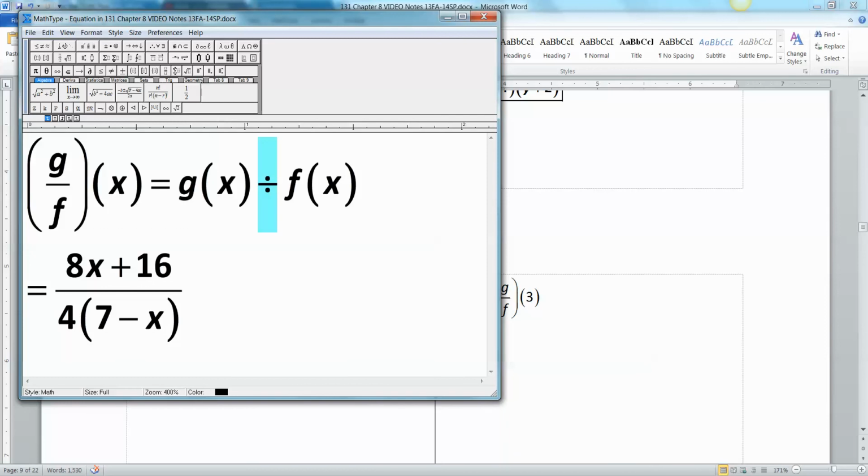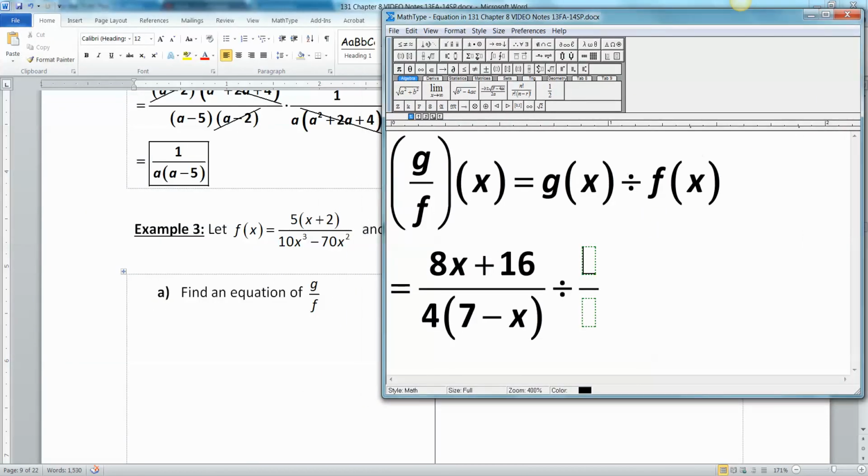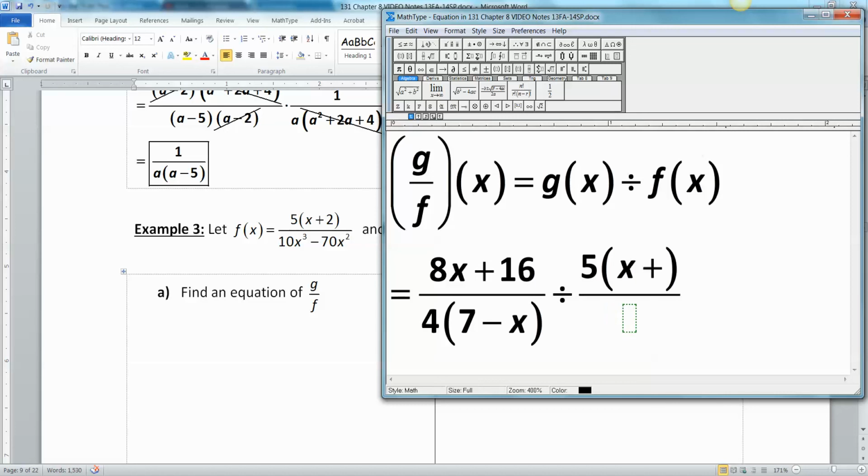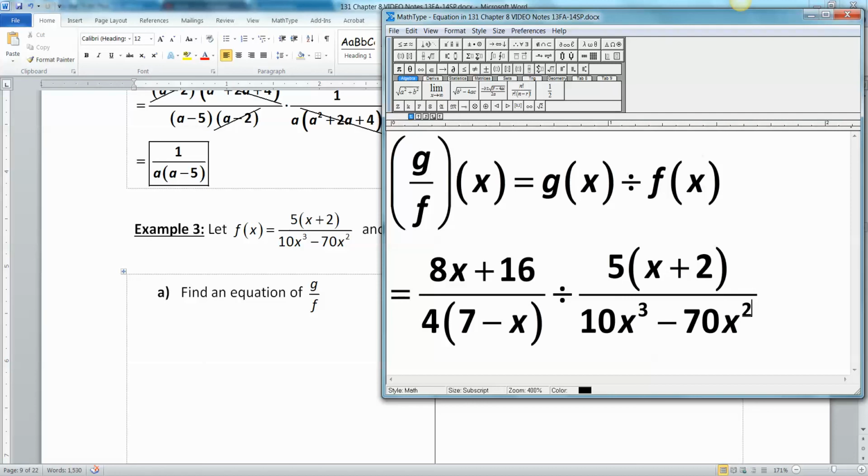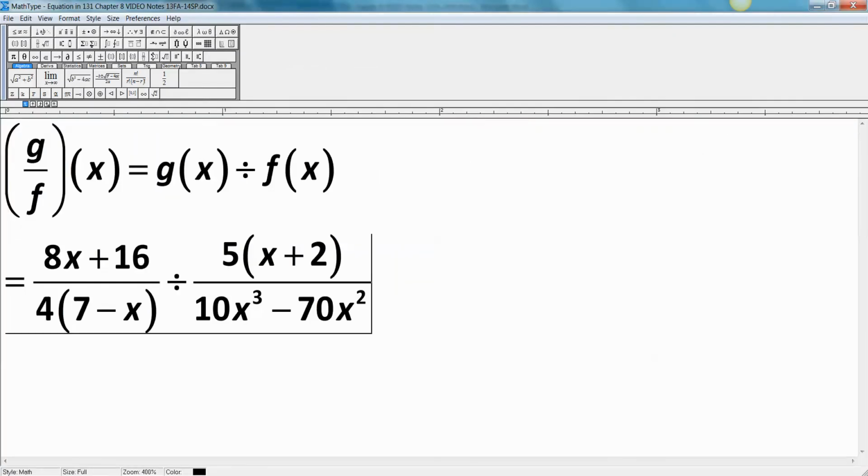I'm going to divide that by the other fraction, which is 5 times x plus 2 over 10x cubed minus 70x squared. Lovely. Okay, so my first mission in life is to invert this second one.